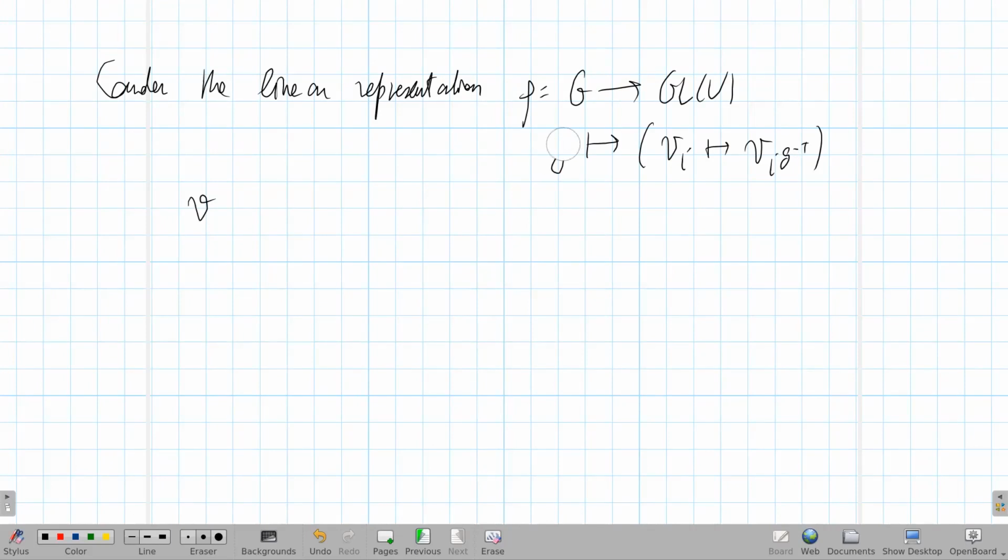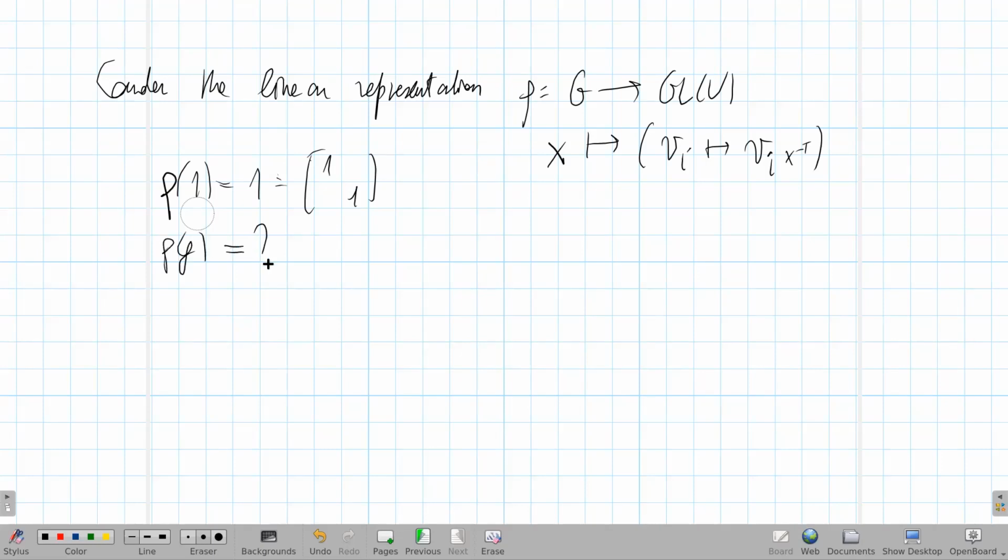Not g, because g is a specific element, so let's say x. Of course, since this is a morphism, rho of 1 will be the identity matrix. No need to discuss anything here. What only matters here is what's the image of g.